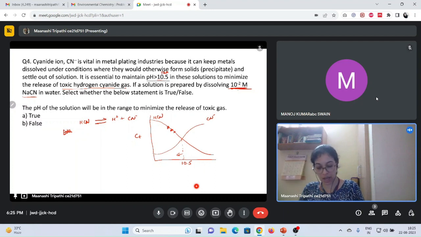So that's why we try to keep pH more than 10.5, so that whatever concentration we get will be in the form of cyanide ion, which can remain inside water. It won't be volatile, therefore it will not cause any harm to the body. So our major target is if the pH is coming greater than 10.5, then the statement is correct, it will be true. Or if it is coming less than 10.5, then this much dissolution is not sufficient.